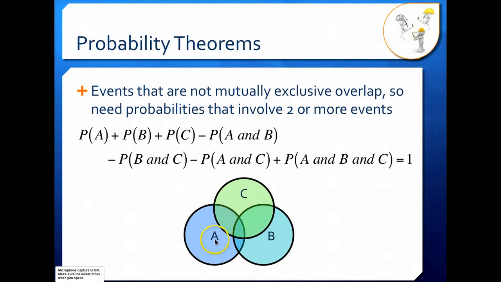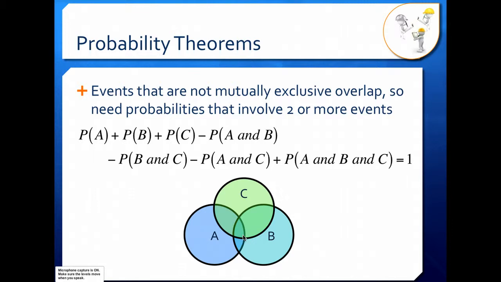So you've got the probability of A plus probability of B plus probability of C, but now you've double counted all these overlapping places right here. So you need to subtract out the probability of A and B happening at the same time, the probability of B and C happening at the same time, and the probability of A and C happening at the same time.